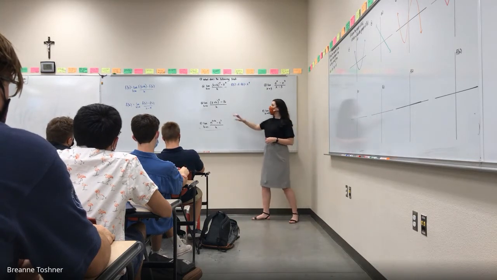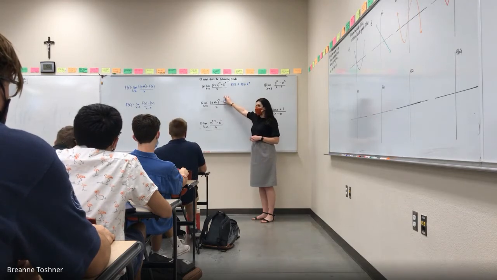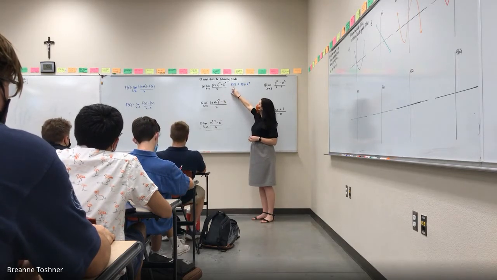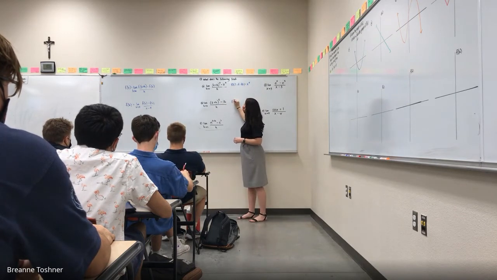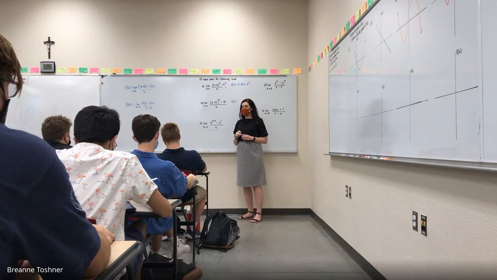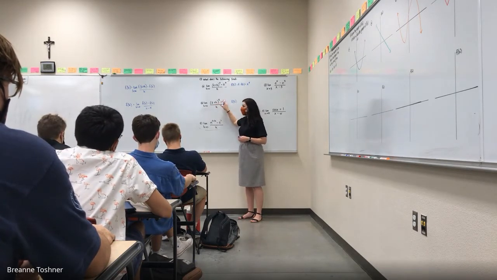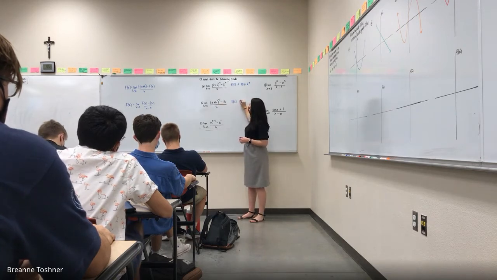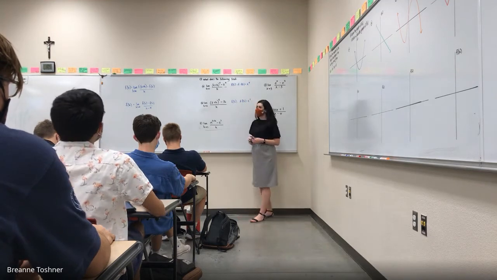The second one, B, was very, very similar to A, except we were not finding f prime of x, which is what this one found. We were finding f prime of 2, because it's 2 plus h minus 2 to the fourth. So we were finding f prime of 2, but still if f of x was equal to x to the fourth.